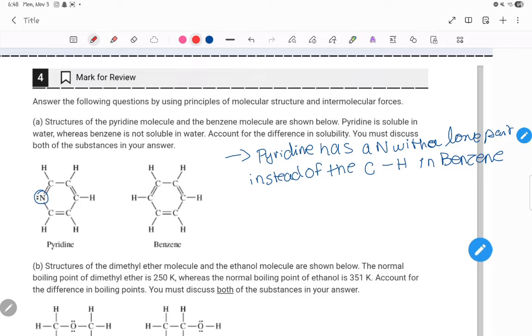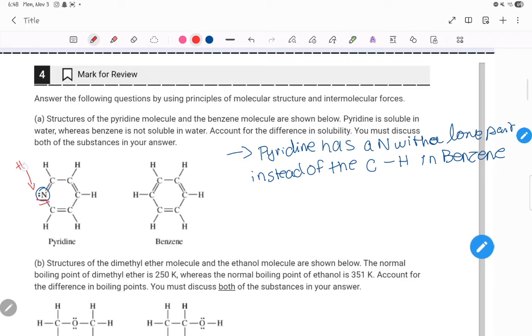Now, the second thing we notice is that, first of all, what does it mean when we have a nitrogen with a lone pair? This means that it's one of the very electronegative atoms, right? And that means it will form what? It will form a hydrogen bond, because the only 3 that form a hydrogen bond are fluorine, oxygen, and nitrogen. So pyridine has a nitrogen with a lone pair instead of the CH in benzene.